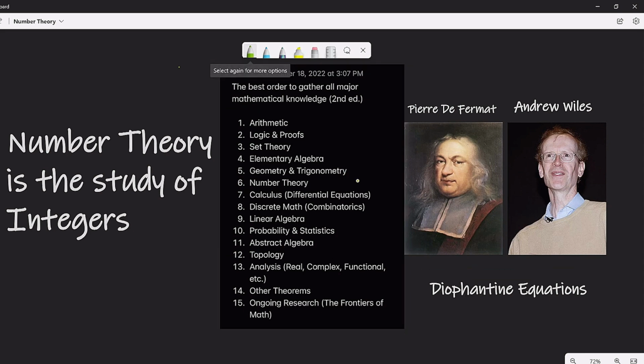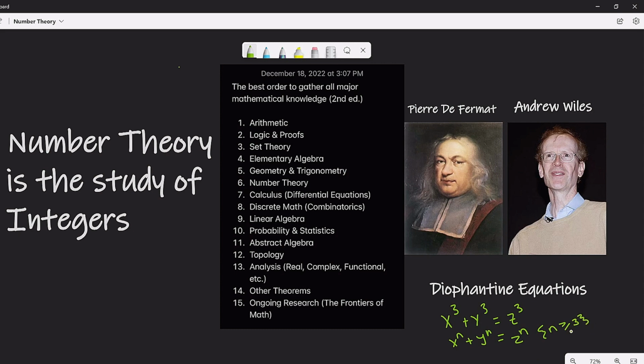If you don't know what a Diophantine equation is, you are about to: x cubed plus y cubed equals z cubed. Or another way to think about it, x to the n power plus y to the n power is equal to z to the n power, where n is greater than or equal to 3.